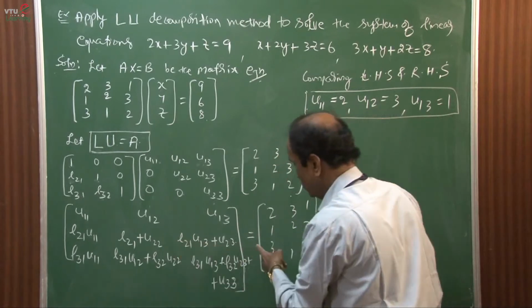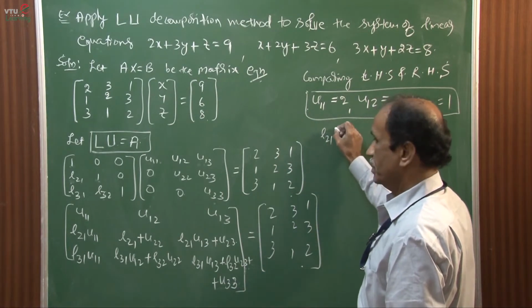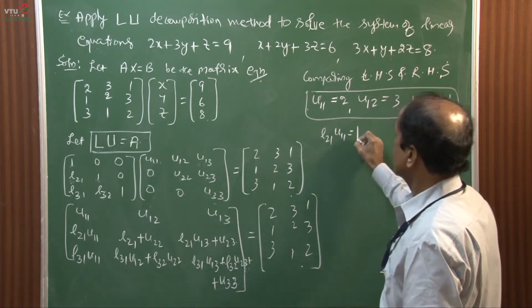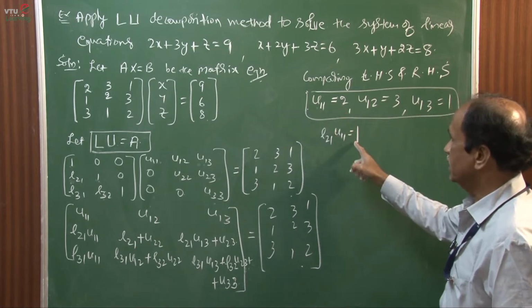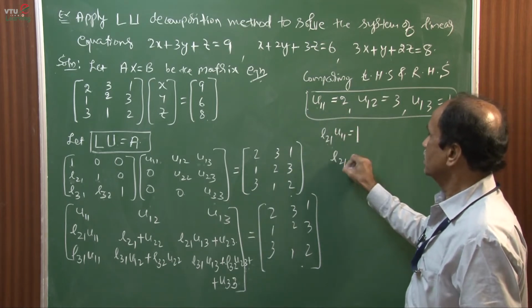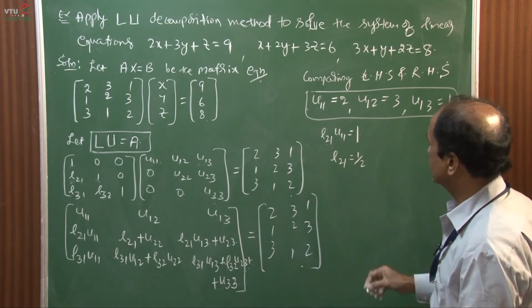Now the second row. With the second row, L21 into U11 is equal to 1, but U11 is already calculated, so L21 is equal to 1 by 2. This is the next calculation.